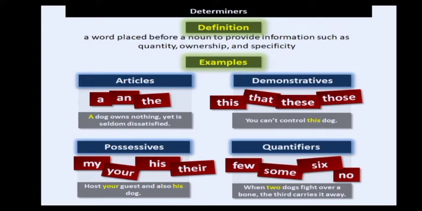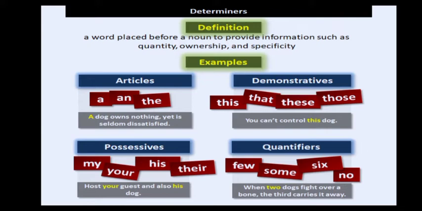Suppose, for example, I say, a dog owns nothing, yet it's seldom dissatisfied. Over here it says a dog. This means it's talking about one specific dog. Then it says, when two dogs fight over a bone. That means how many dogs are there? Two dogs. So what is the quantity?